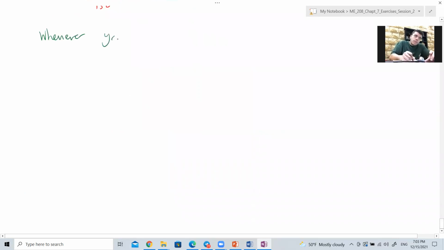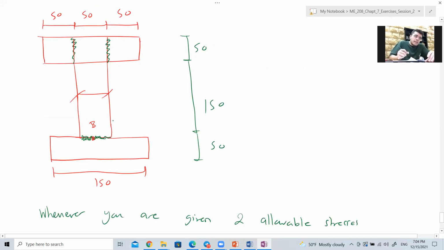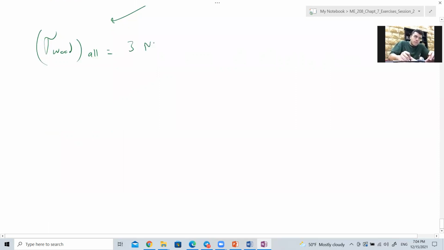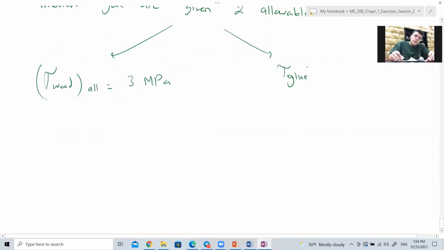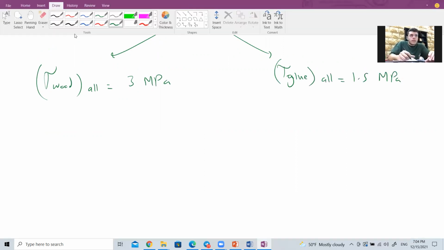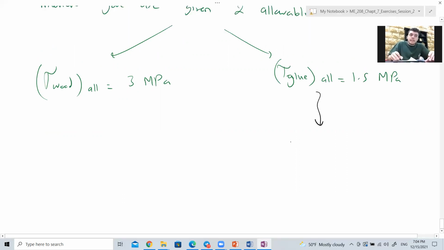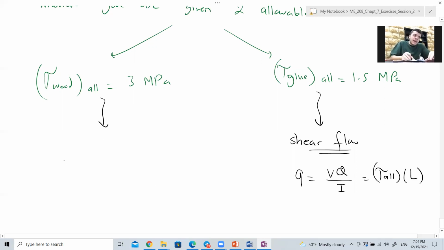Whenever you are given two allowable stresses, يعني هون نحن عنا tau in the wood يلي هي allowable is 3 megapascal و tau in the glue allowable يلي هي 1.5 megapascal. من هيدي بدنا نستعمل shear flow يلي هي q equal VQ over I equal NF over S equal tau allowable times the length of the glue. ومنها بدنا نستعمل VQ over IT max equal ل 3. عرفت كيف؟ So أول وحدة للشير stress in the wood، ثاني وحدة للشير flow. بعدين you get V from هون و V from here، بتنقل V اللي أصغر.